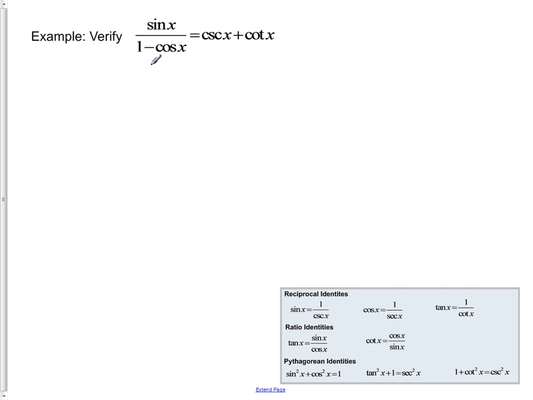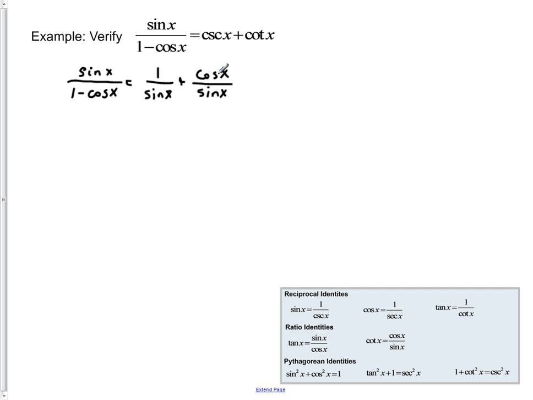So let's go ahead and do that. Let's rewrite what we have on the right-hand side. Again, I'm not changing anything on the left-hand side of my function, so I'm going to leave it as sine of x over 1 minus cosine of x. But on my right-hand side, I'm going to change this to make it 1 over sine of x plus, and in this case we've got cotangent of x, and that's cosine of x divided by sine of x. So what could we do?